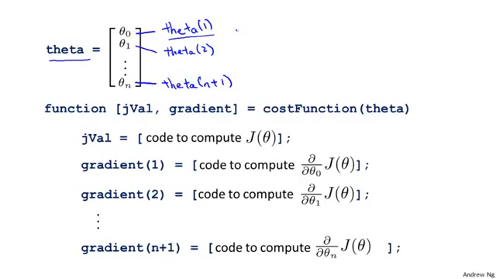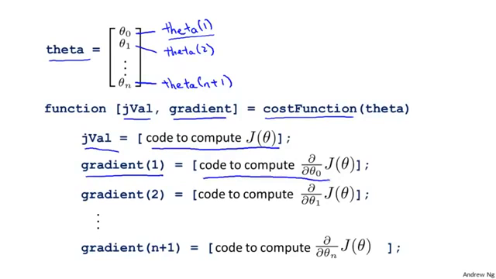So what we need to do then is write a cost function that captures the cost function for logistic regression. Concretely, the cost function needs to return jVal, so you need some code to compute J of theta, and we also need to give it the gradient. So gradient 1 is going to be some code to compute the partial derivative with respect to theta 0, the next the partial derivative with respect to theta 1, and so on.